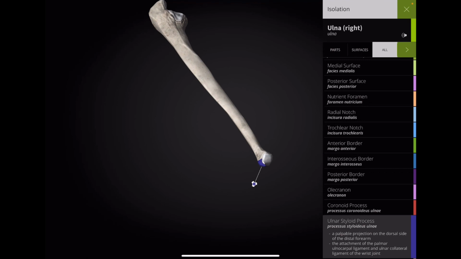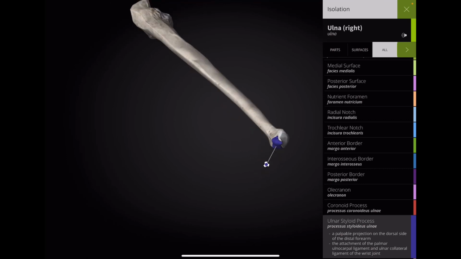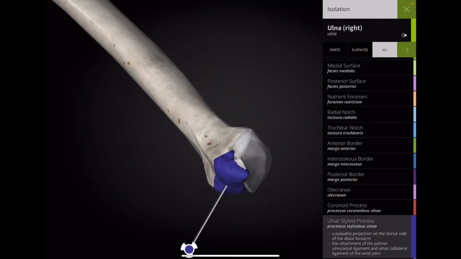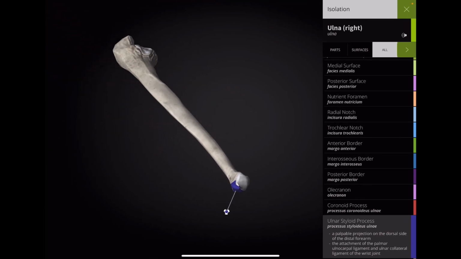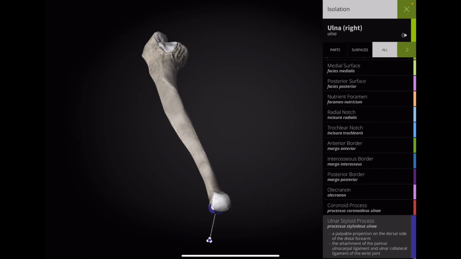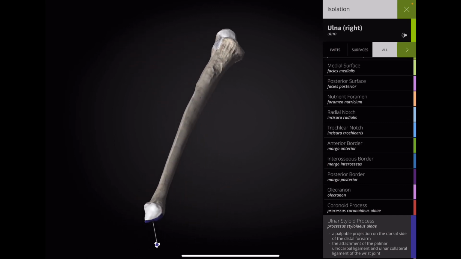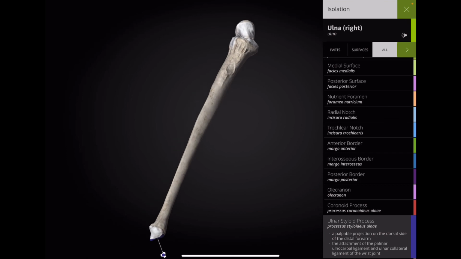And it's important for the attachment of the palmar ulnocarpal ligament and for the ulnar collateral ligament of the wrist joint. So it's very important for the attachment of different structures. So that would be all in terms of the structures, the landmarks, the surfaces and borders.